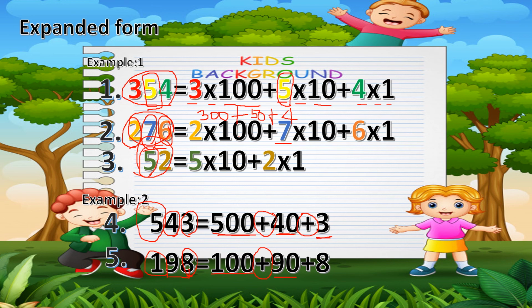So we're going to expand like this. Remember, do not forget the plus sign. So it's 100 plus 90 plus 8. Okay, that's expanded form in place value.